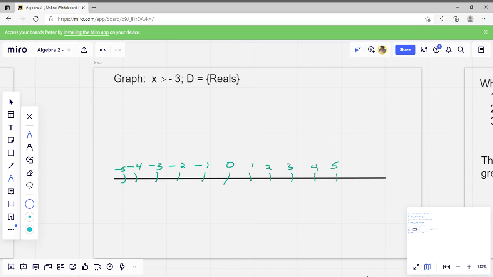Okay, so x is going to be everything greater than -3, and it's going to be our real numbers. Alright, so on this one I'm going to use an open circle. I hope you guys remember this from last year. And then I'm going to draw a line going that way, so everything that's greater than -3. And remember, the open circle means it's not equal to, it's just greater than.